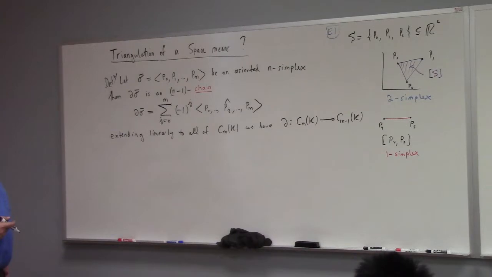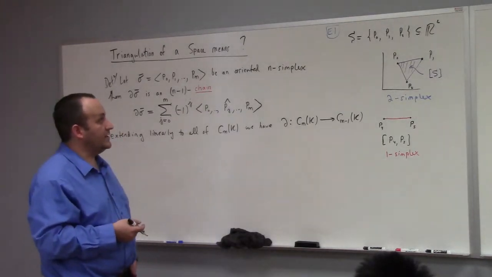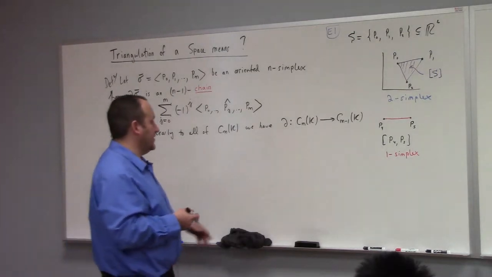The simplicial complex has some maximum dimension. If there's no simplex beyond a certain size, then we just say that C_m of K is 0. Are we talking about R^n or are we talking about m here?